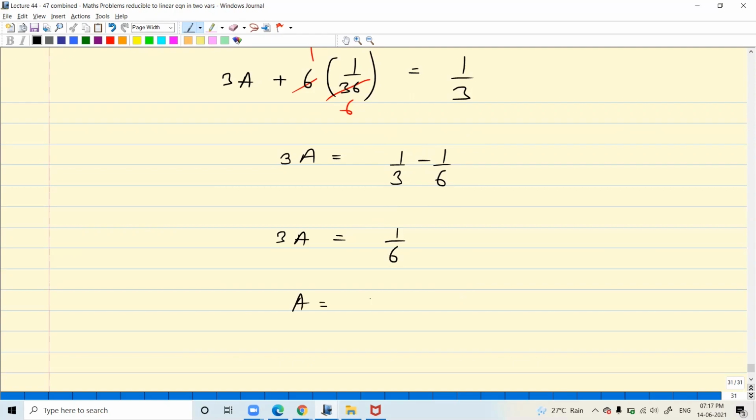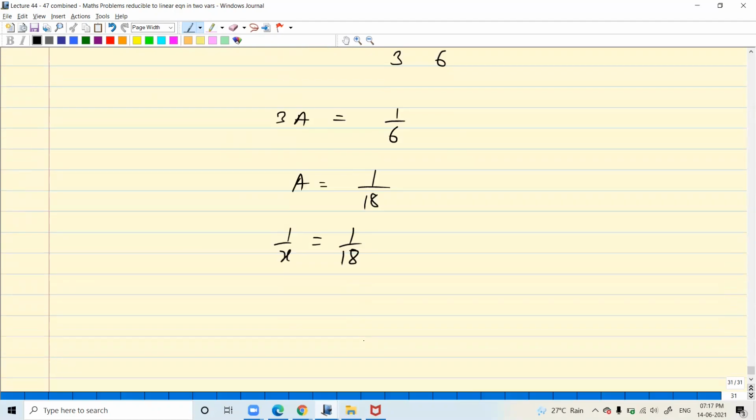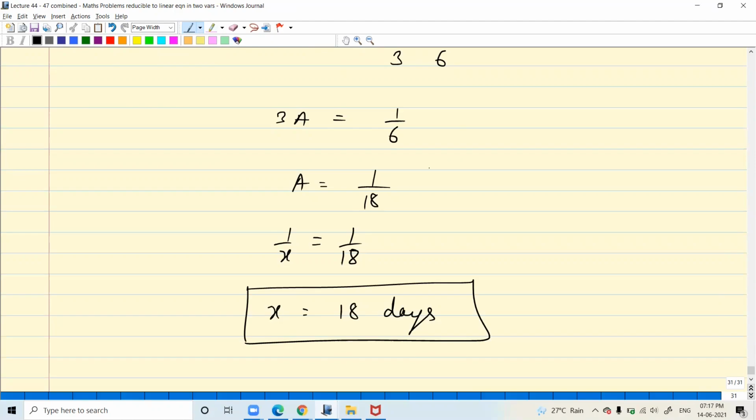So a is equal to 1 by 6 into 3. So this 3 will multiply to 6, so it will become 18. That means 1 by x is 1 by 18. So x is 18 days.